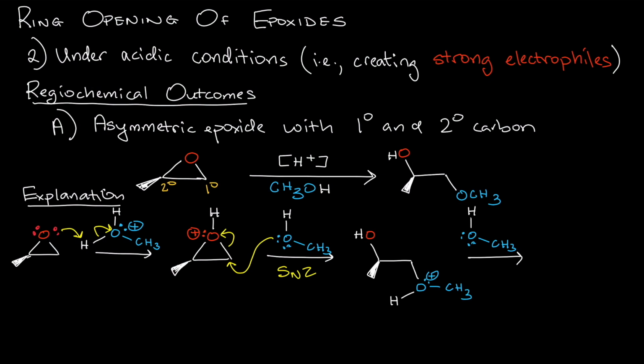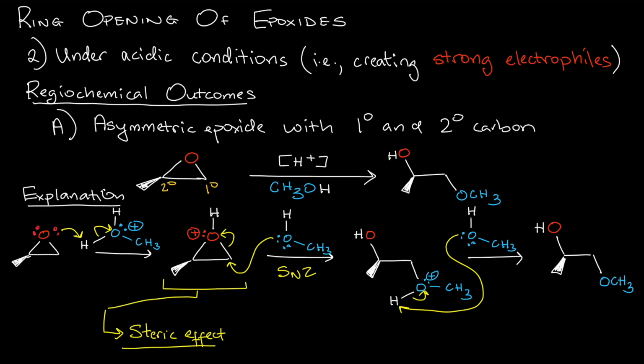The protonated product can be readily deprotonated by another molecule of methanol to then form your product. So the regiochemical outcomes could be readily explained using the steric effects that you typically see in SN2 reactions, where the nucleophile preferentially attacks the primary over the secondary carbon in order to minimize steric hindrance.